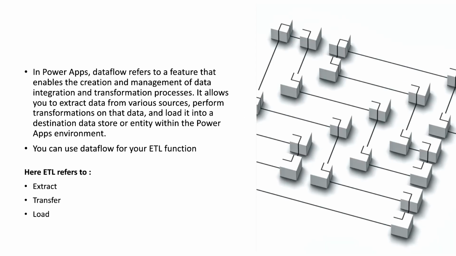Coming to the next part, as I said at the start of the video, we will address for which main purpose data flow is used, and in which scenario we should use it. The main thing for which data flow is used is ETL functions. ETL means extract, transform and load. You can extract the data from any source that you want, transform it, and load it.